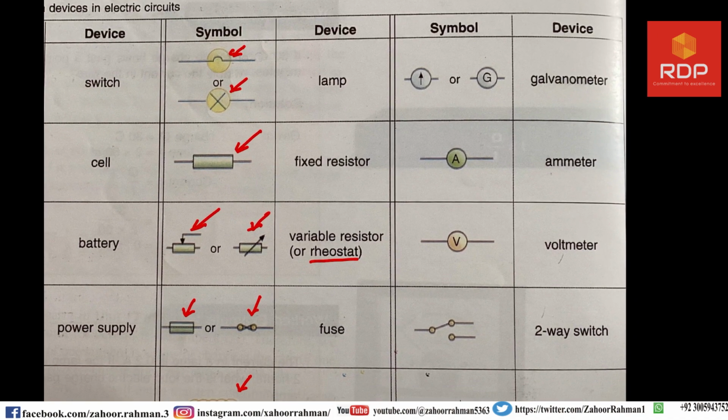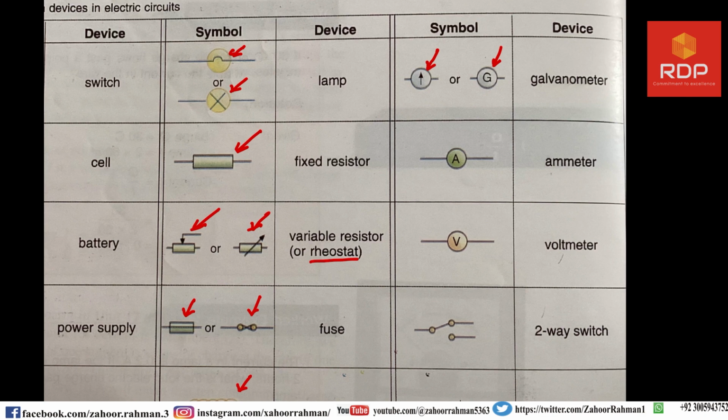Now the next symbol is the galvanometer, and you know that a galvanometer is used for detecting the current. Either a G is written in a small circle to represent a galvanometer, or there is an arrow symbol inside the small circle, and that also represents a galvanometer.